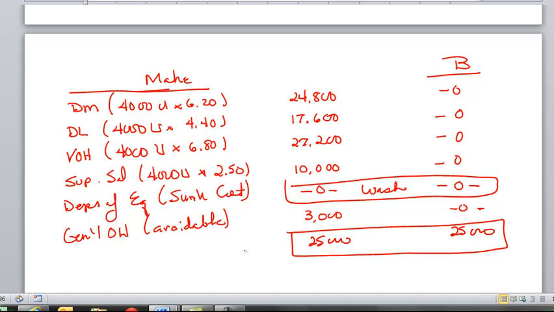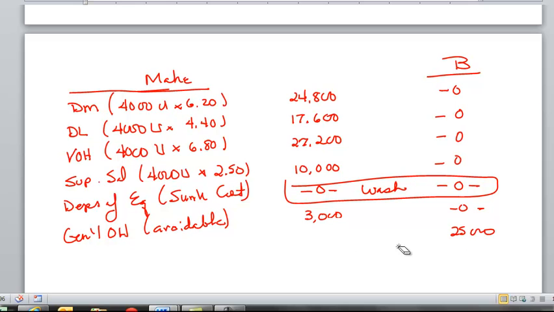There's no difference here. So if there's no difference, you ignore it then, because all we care about is noticing and noting the differences, which is that we'd only incur 3,000, of which we're not incurring under the buy decision.